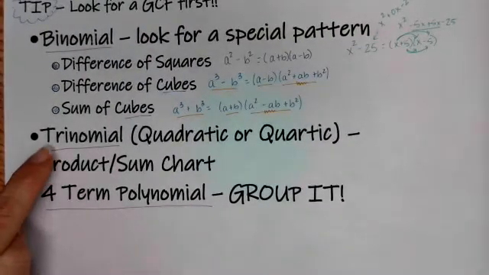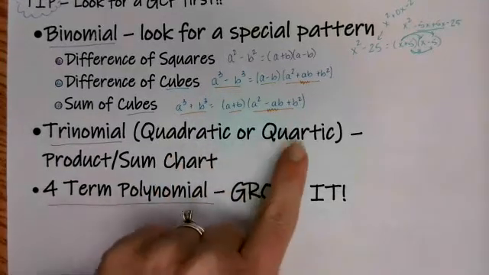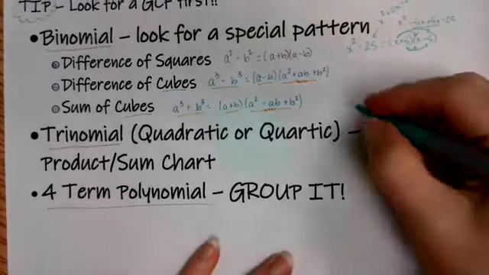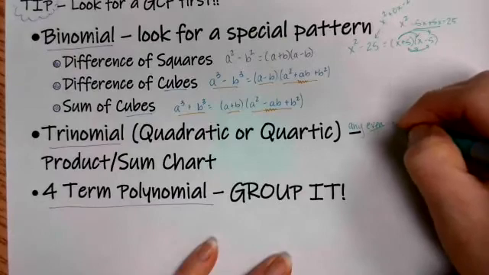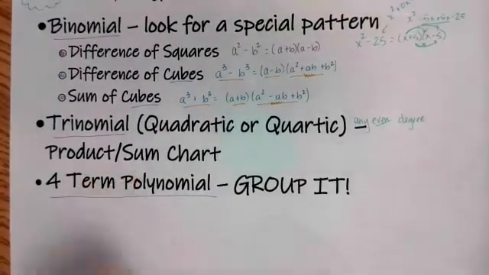Okay, so if I have three terms, a trinomial, whether it's a quadratic or quartic, or any even degree really, this works for any even degree. We're going to use the product sum chart.